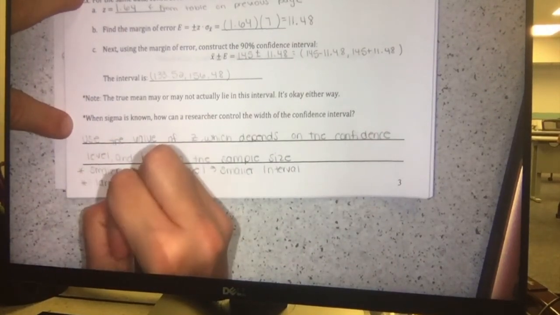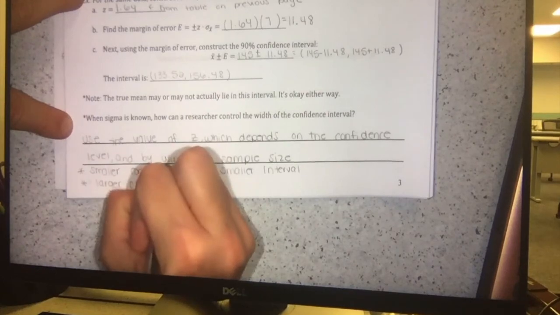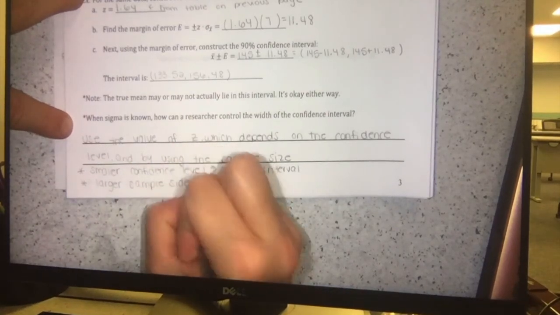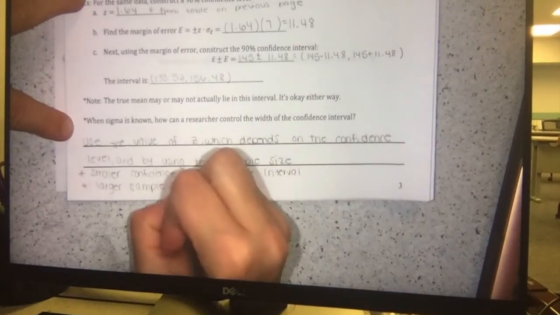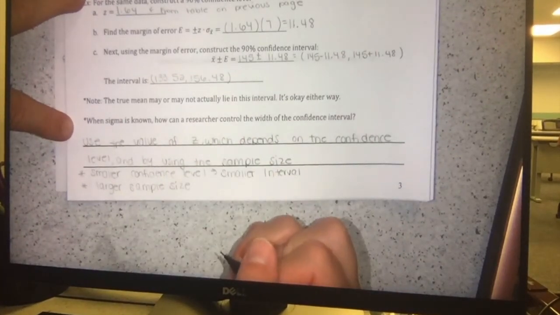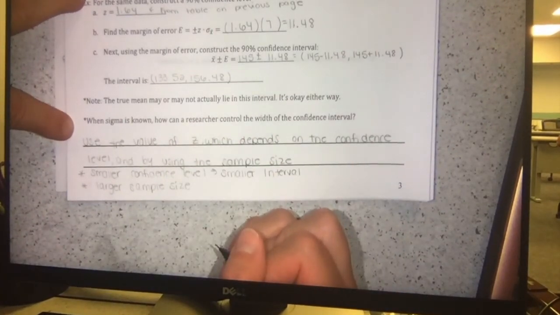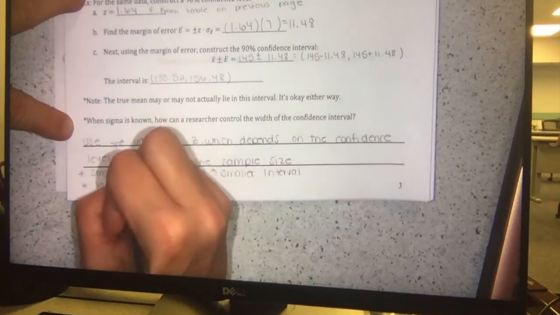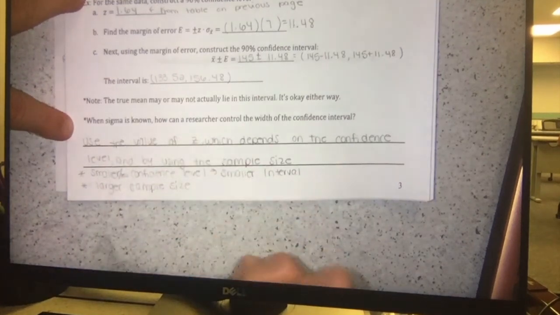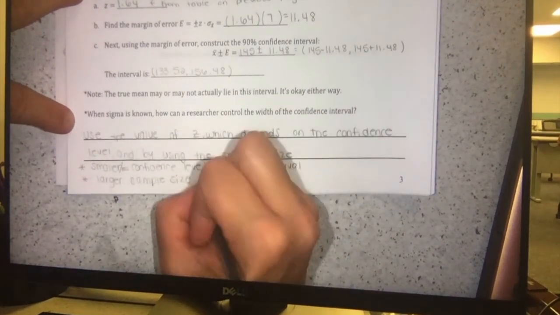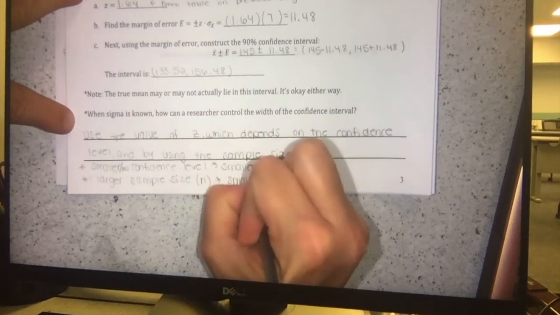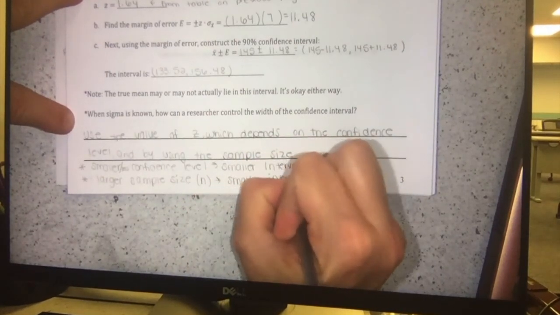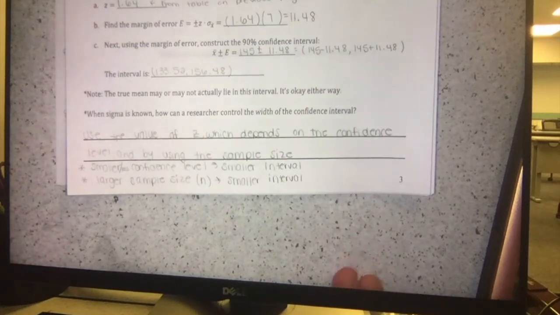And the larger sample size, let's put here less confident. And that's going to be a smaller interval. So those are ways we can really zero in our answer.